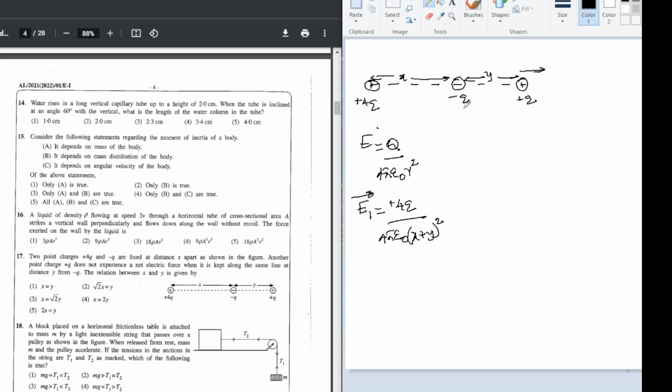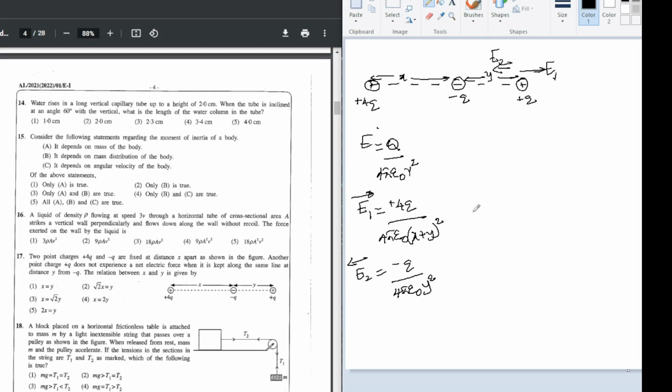Then we get the electric field strength due to minus q at this point. So it is E2. E2 equal minus q divided by 4 pi epsilon naught. Distance is y squared. The direction is negative, to the negative direction, E2. E1 is to the right hand side direction, E2 is to the left hand side direction.